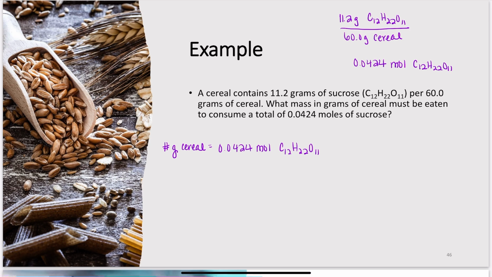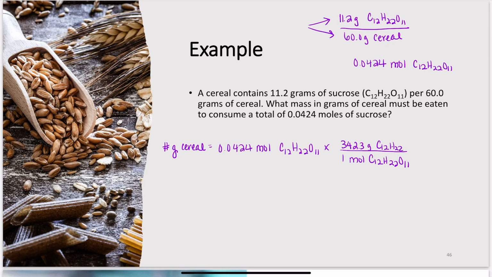Now, the conversion I have here is grams over grams. This is moles, so clearly I can't use that conversion yet. So let's go ahead and convert this to grams. 1 mole C12H22O11 weighs 342.3 grams.